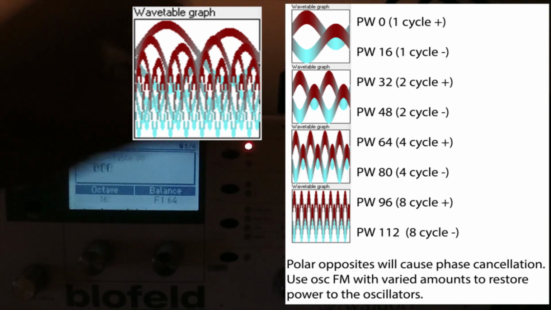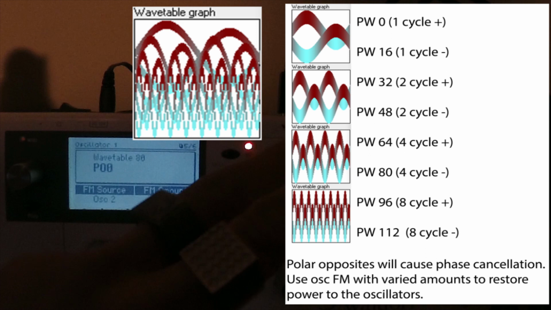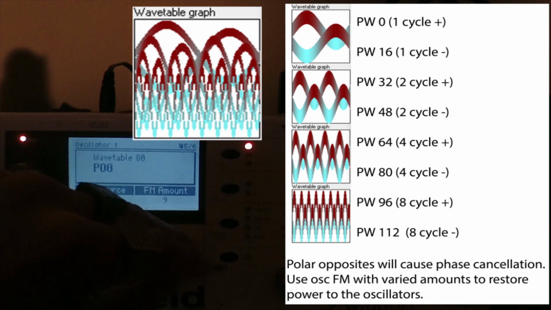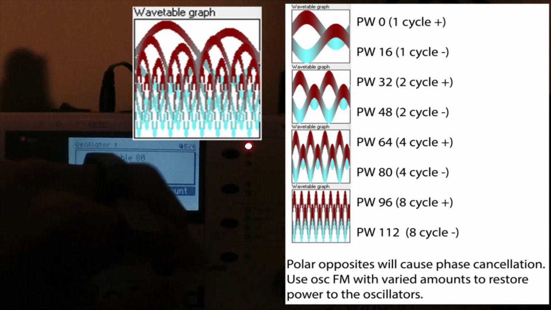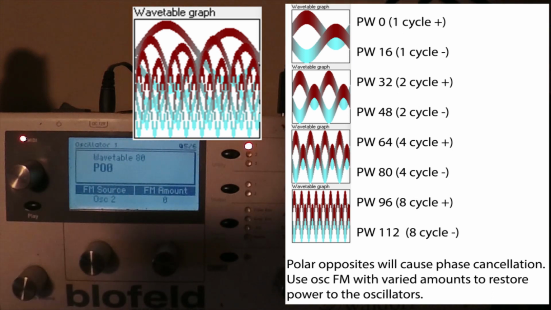Alright? Now, when you add in FM, okay, oscillator 2 is oscillator 1's FM source. You have to add in the FM. This is what you do. See how it phases out at 0?